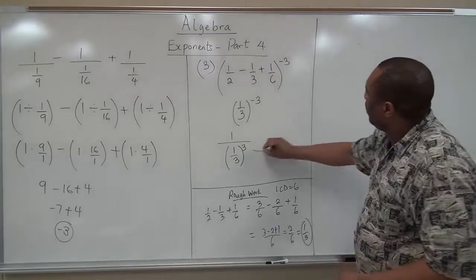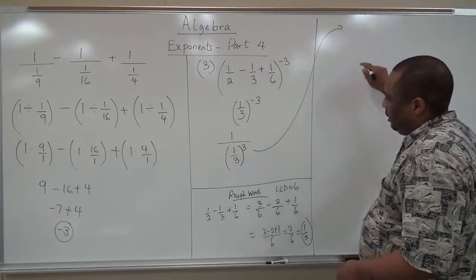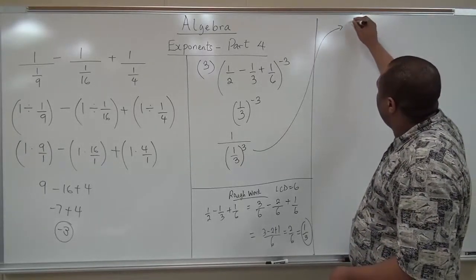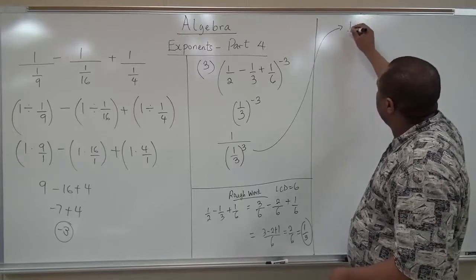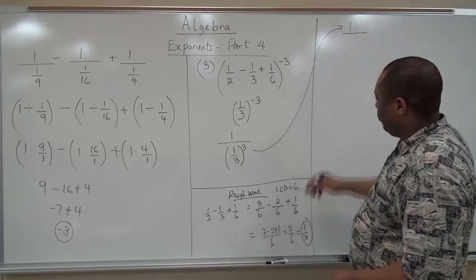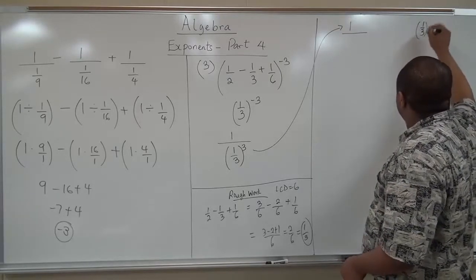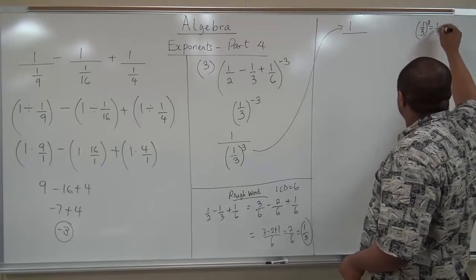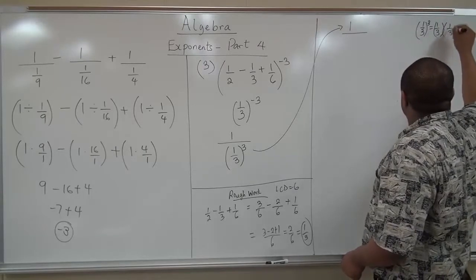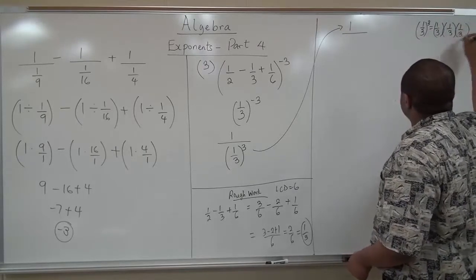From here we now have 1 divided by 1/3 exponent 3, which means 1/3 times 1/3 times 1/3.